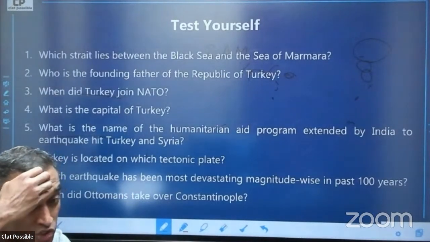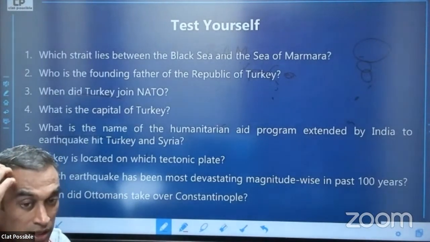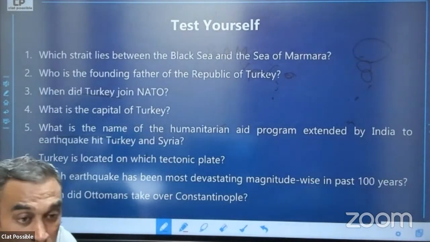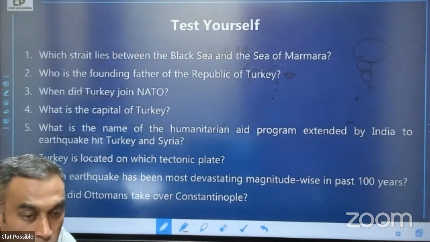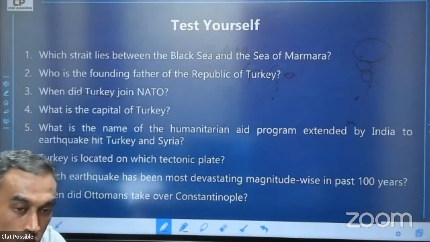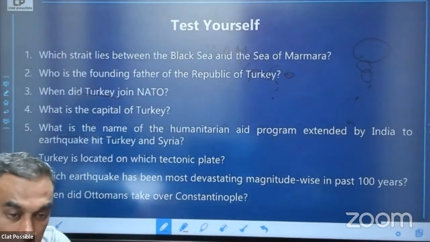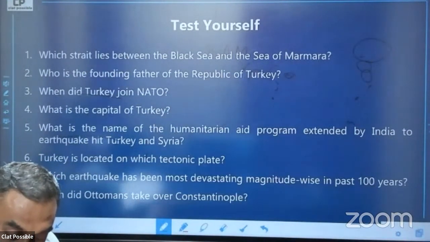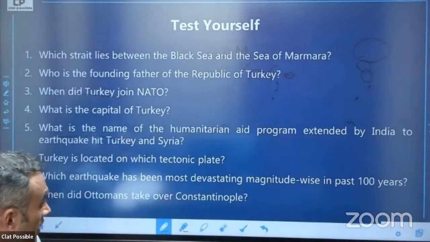Okay, it was in Chile in the year 1960, and it was 9.5 on the Richter scale, right? So the most devastating earthquake was in Chile in the year 1960, right? It was 9.5 on the Richter scale.